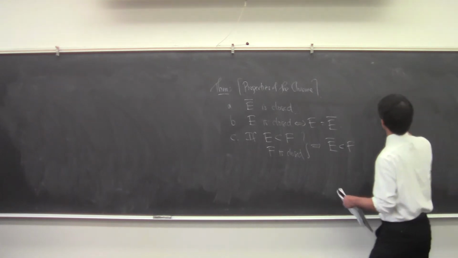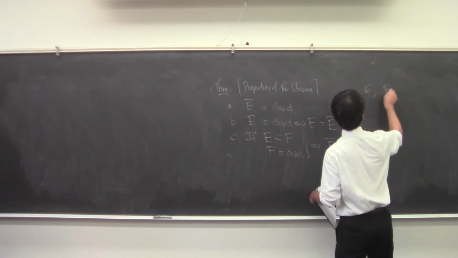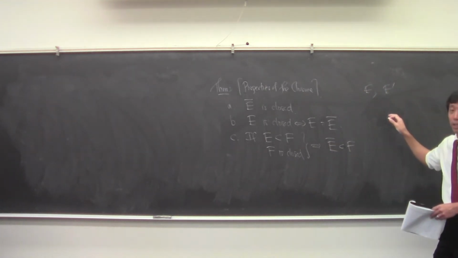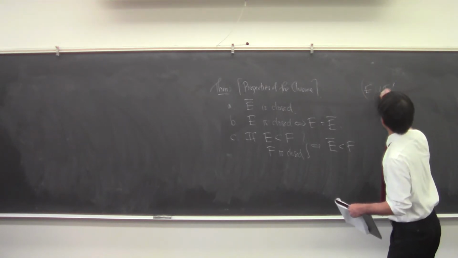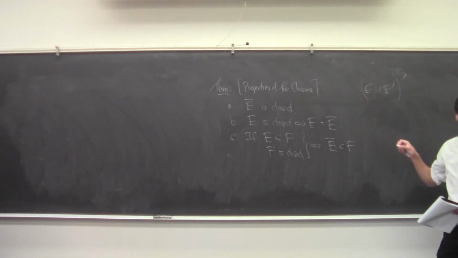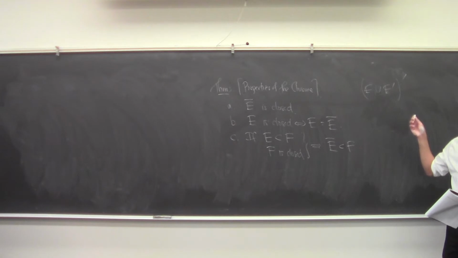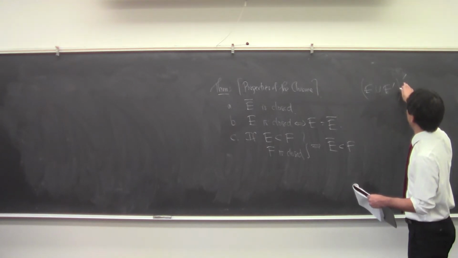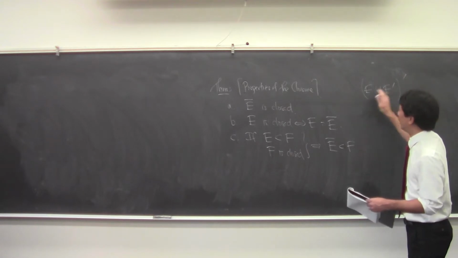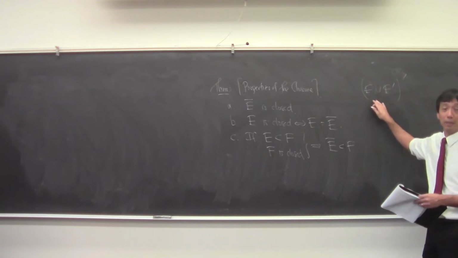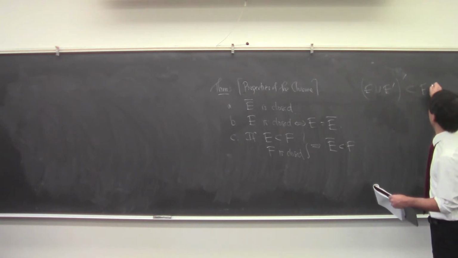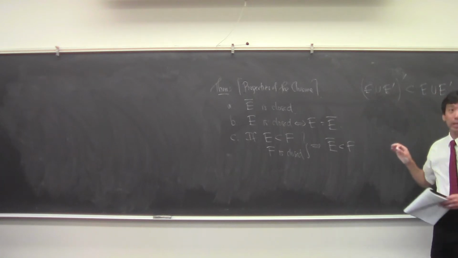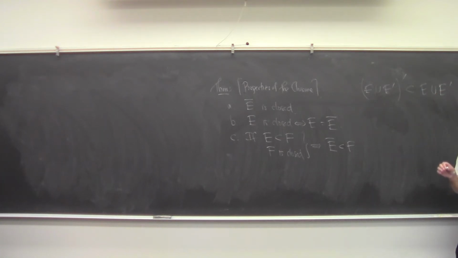So you take E, you take E prime, and then you're looking at the limit points of that, and you want to say that the limit points are already in that set.